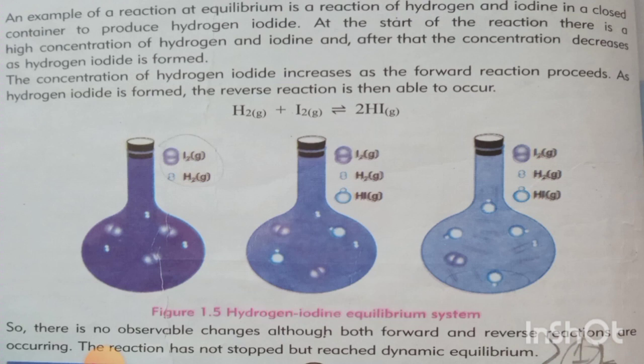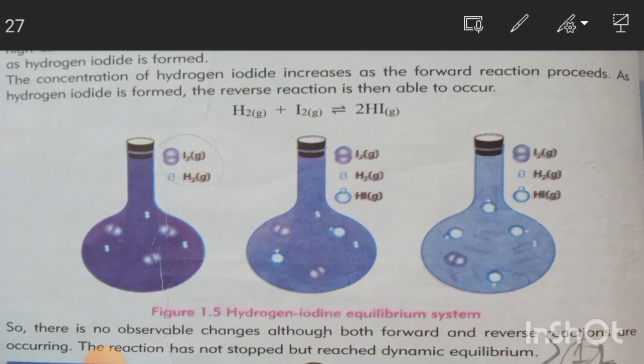When hydrogen iodide is formed at high concentration, then it will start to decrease its concentration by forming the reactants hydrogen and iodine. As you can see in the round bottom flask, first hydrogen and iodine are reacting, and secondly it is forming hydrogen iodide, and in the last it will again start to decrease its concentration.